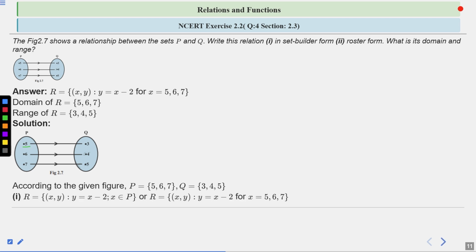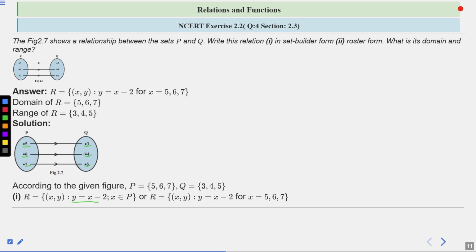Then 5 minus 3 is simply 2. 6 minus 4 is simply 2, and 7 minus 5 is simply what? 2. So what you are getting is that you can write the same thing in this form, that y equals x minus 2.